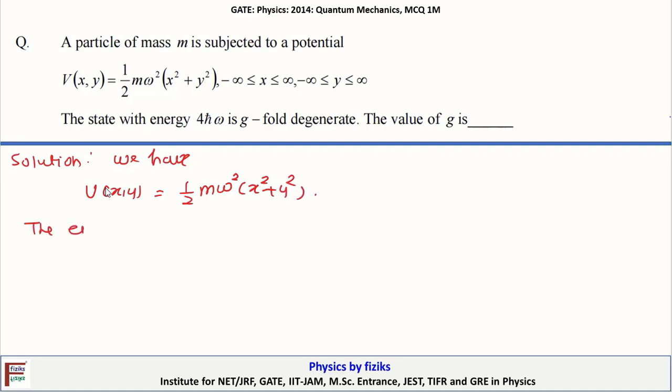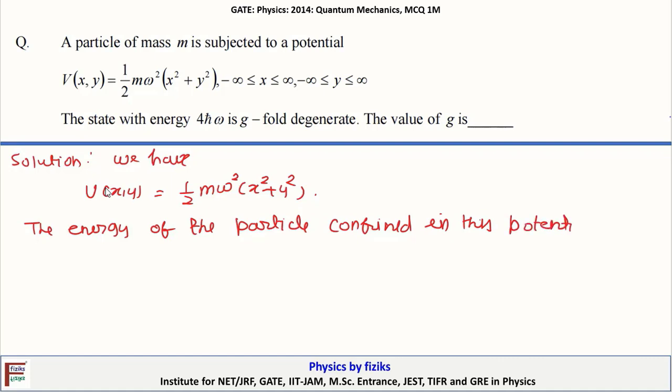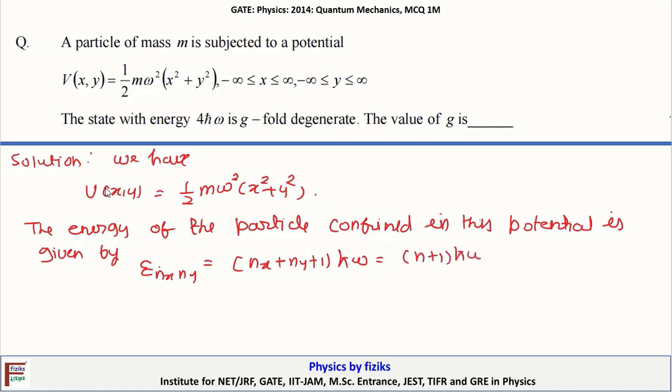The energy of the particle confined in this potential is given by E(nx,ny) equals (nx plus ny plus 1)ħω, which is equal to (n plus 1)ħω, which is equal to 4ħω, implies n is equal to 3, where we have used n equals nx plus ny.